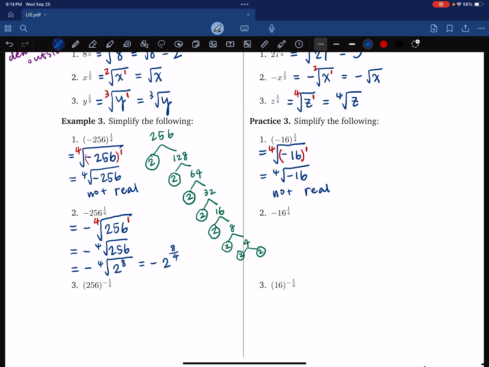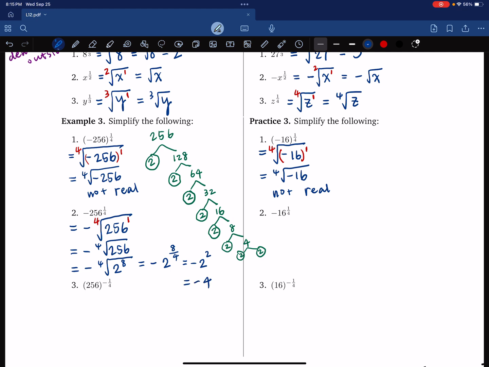It's very similar to what we did last time with the square root. If it's an even exponent, you might remember we divided by 2. And now we have a 4th root, so you simply divide it by 4. And this will give us negative 2 to the 2nd power, which is equivalent to negative 4.